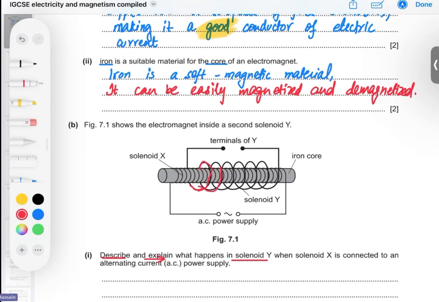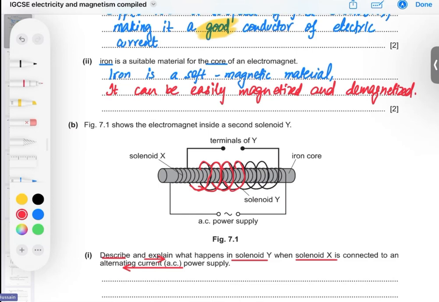So what happens in solenoid Y when solenoid X is connected to alternating supply? Now remember that when there's an alternating power supply, that means there would be an alternating current, right? So when there's an alternating current, what happens?